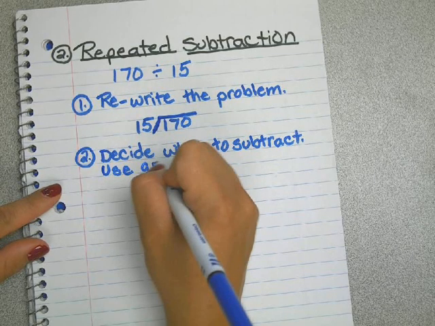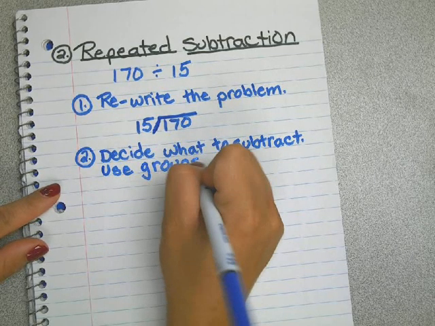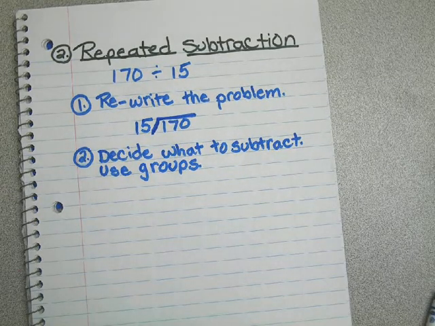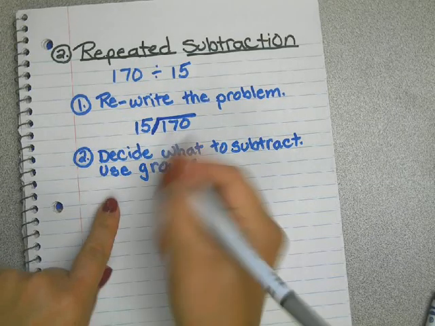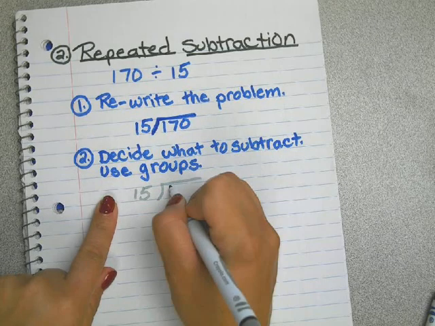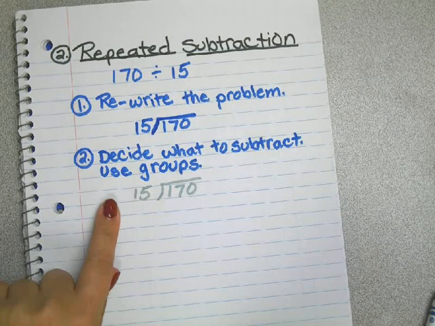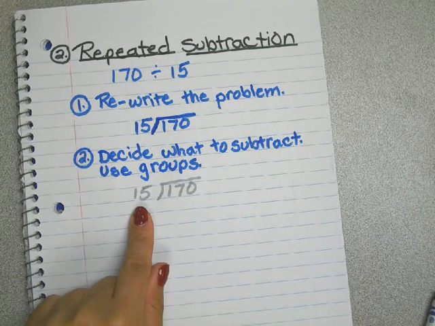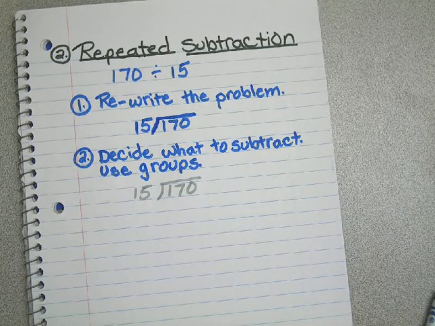Use groups. So we have our 15 knocking on the door and 170. So I'm going to start with landmark numbers. And the first thing that comes to mind is 10.